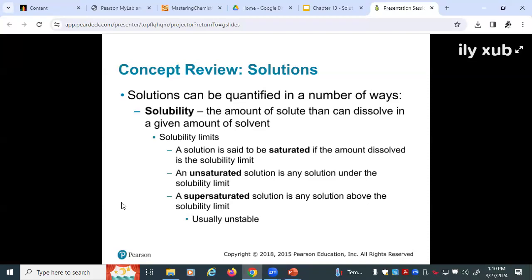So if I have water sitting on the table and I add salt to it and the salt dissolves, I know that I have an unsaturated solution. And basically I know that it's unsaturated until I add salt to the water and it no longer dissolves. That's when we know we've hit the saturation point.